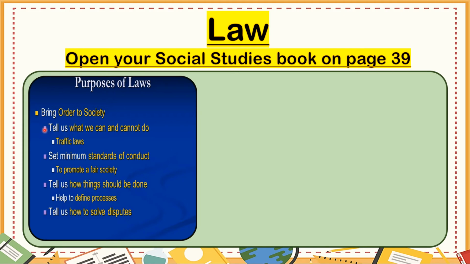It tells us what we can and cannot do, as I mentioned earlier. Traffic laws set minimum standards of conduct to promote a fair society. It tells us how things should be done. It helps to define processes and tell us how to solve disputes, problems, or disagreement between two parties.